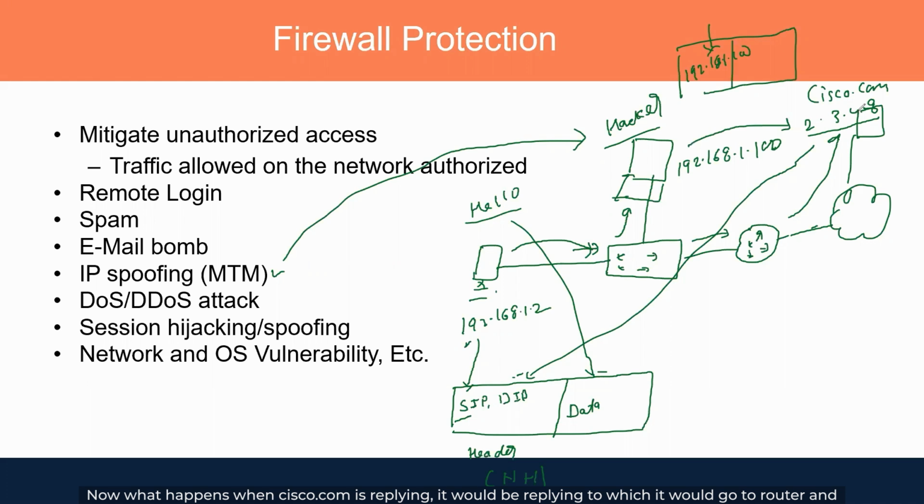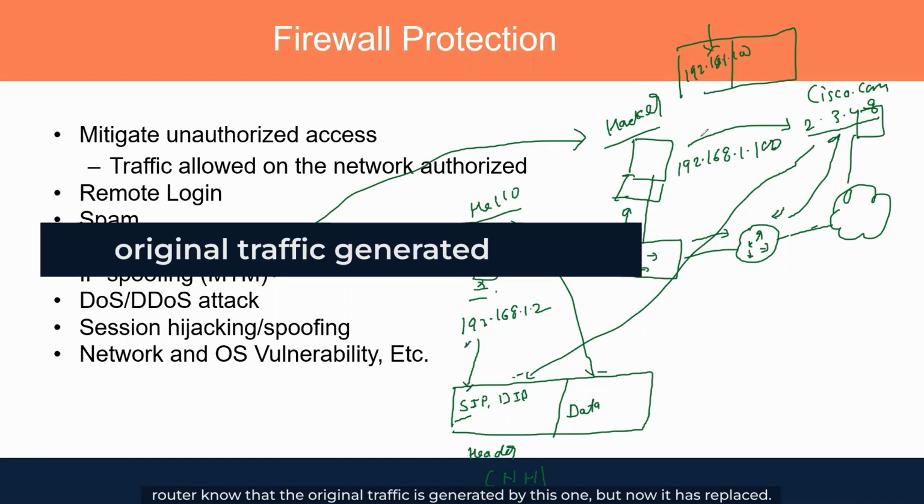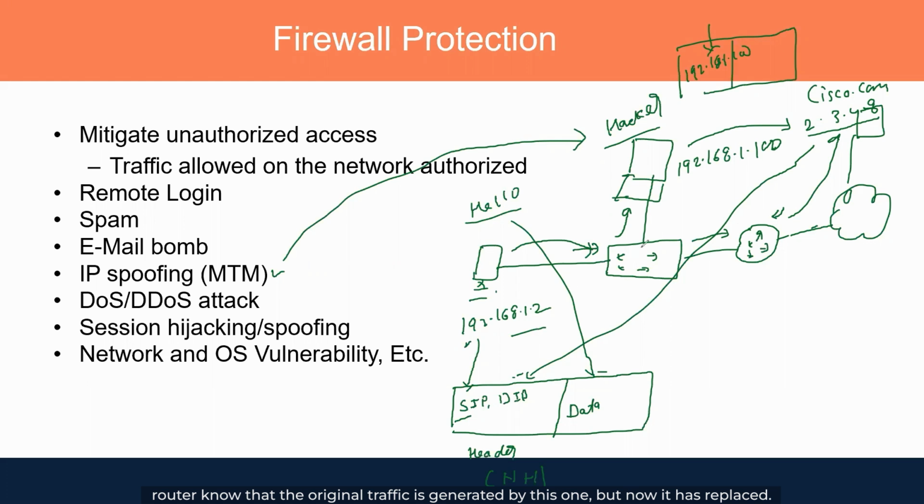Now what happens when cisco.com replies? It would go to the router, and the router knows that the original traffic was generated by this one, but now the source has been replaced. So whom is the router replying to? The router would be replying to the hacker machine.